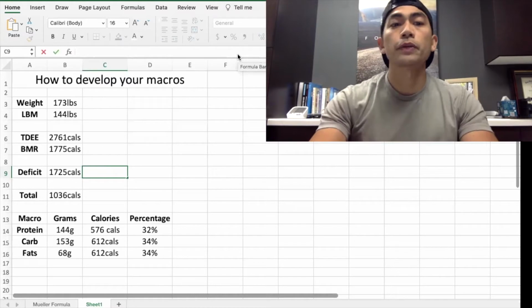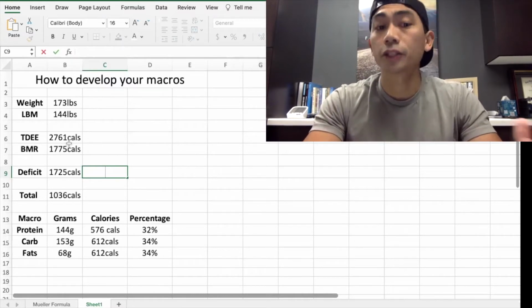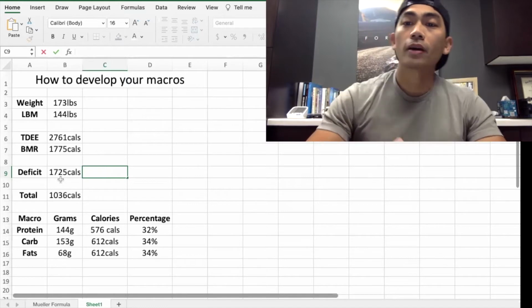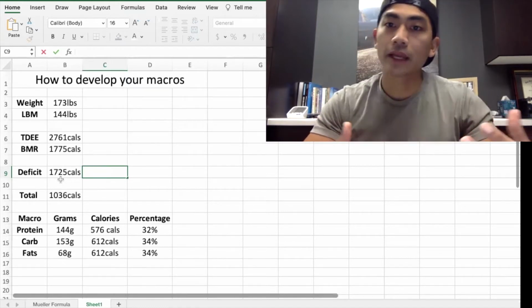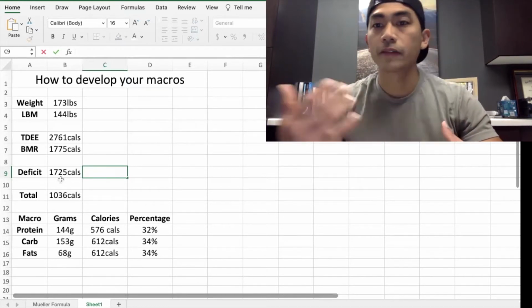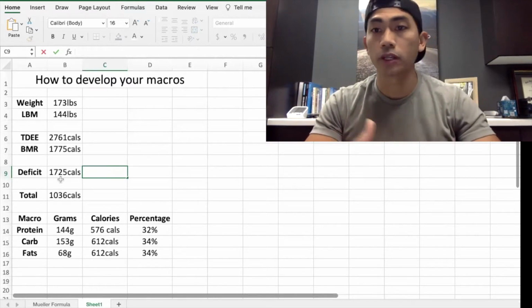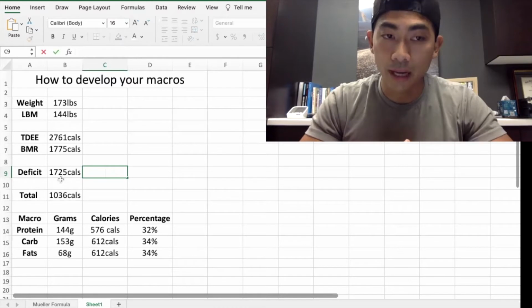After you determine your total daily energy, mine is 2,761 calories here. You want to figure out what your deficit is. In the beginning, I was at 173 pounds at 17%. I said, I'm going to get down to 160 at 10%, meaning I need to lose 13 pounds.